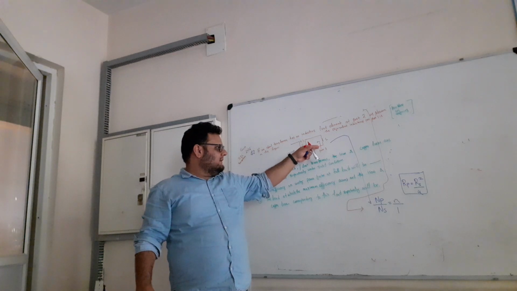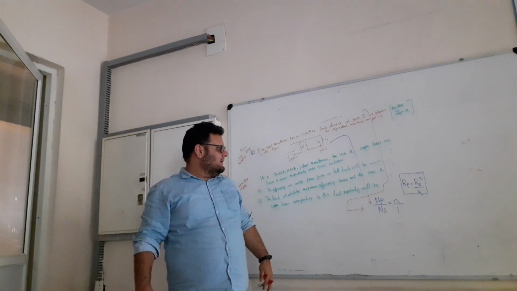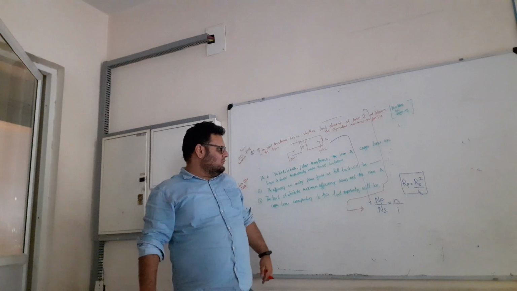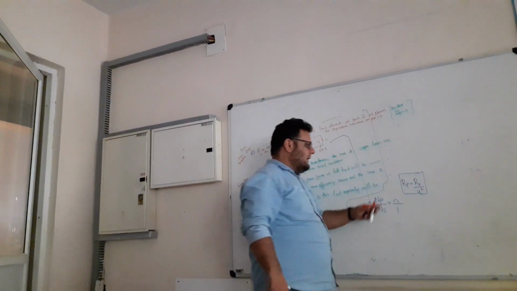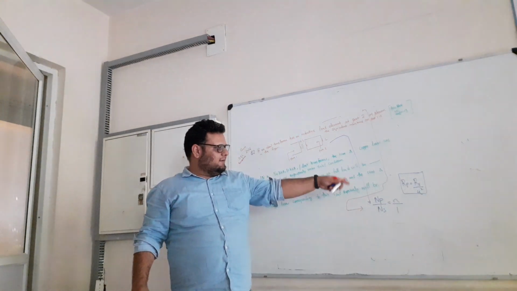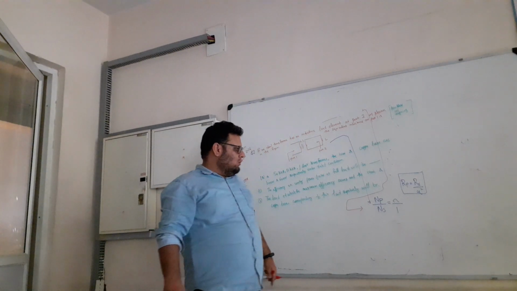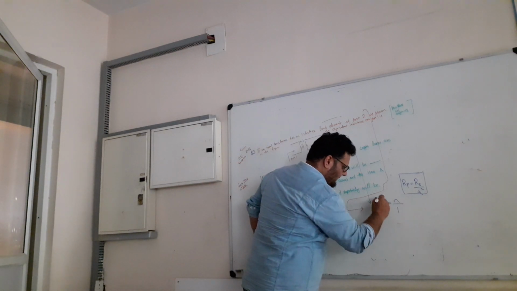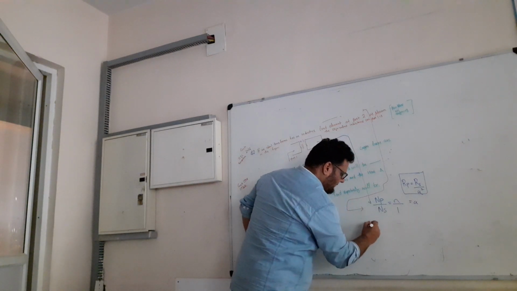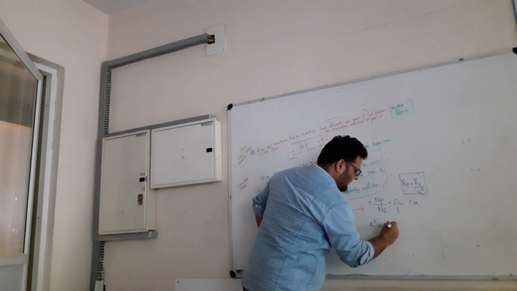When the secondary is referred to the primary, it gets divided by your turns ratio squared. Sorry, this is not RS square, this is A square. So RP was RS by A square. Now how much is our A square? NP by NS is A, so your A square is nothing but N square.